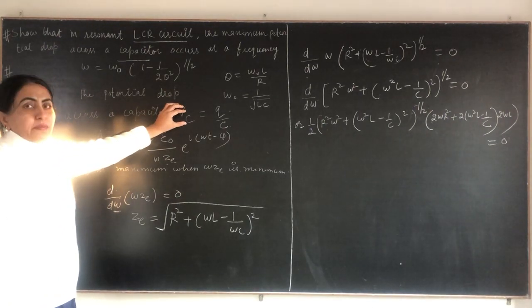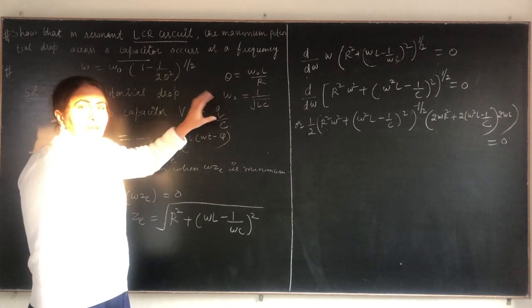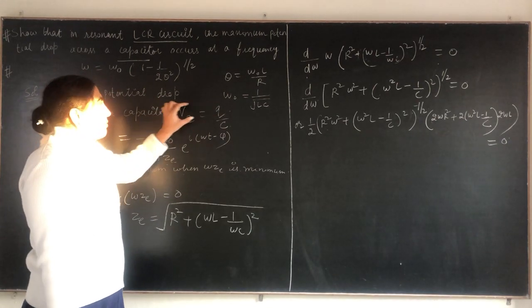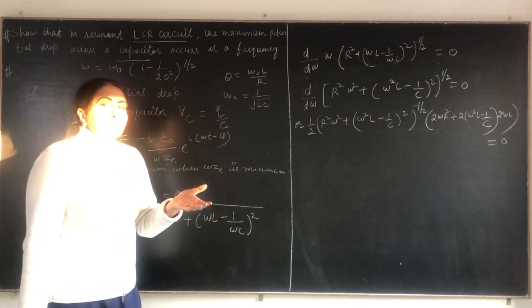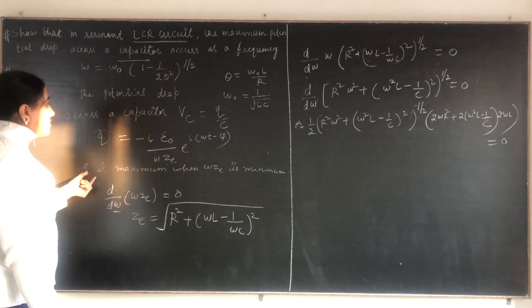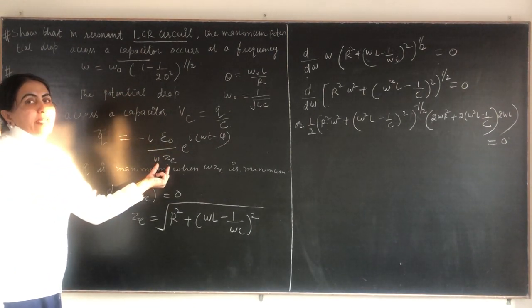This will be maximum when q is maximum. Clear this point? And q is maximum when omega Zd is minimum.